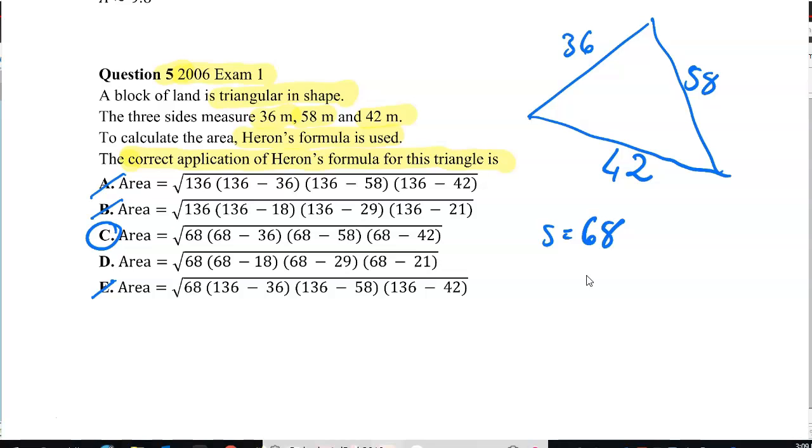Now just looking at D to illustrate why it's not the correct answer, these aren't side lengths, are they? They're half of the side lengths. So 18 is half of 36, 29 is half of 58, 21's half of 42. That's incorrect, isn't it? C is the only correct answer there.